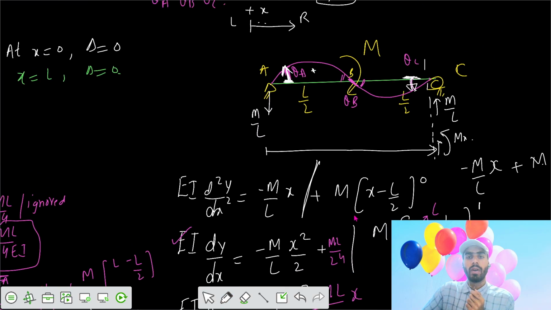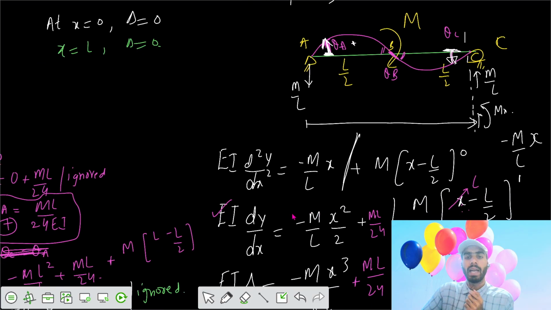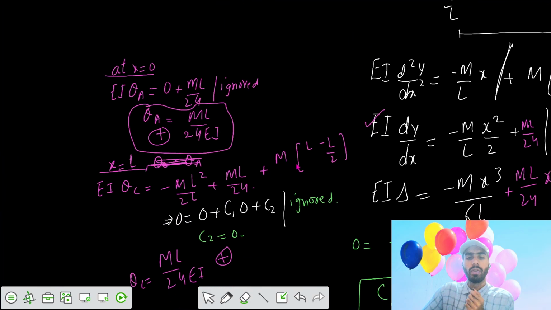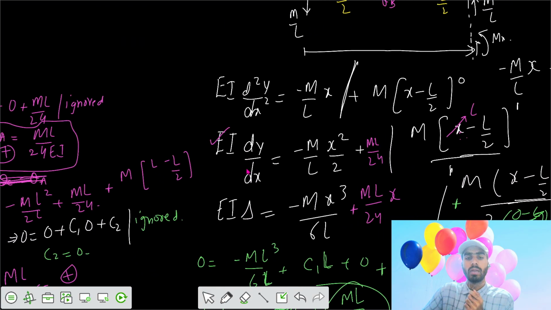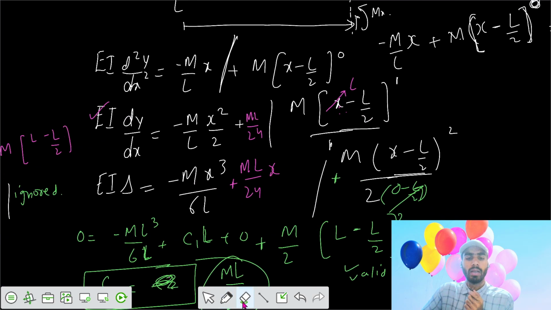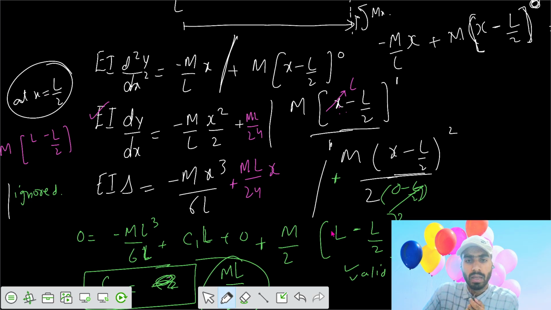So now we have to get the value of theta b, that means at x equals L by 2. Substituting the value, at x equals L by 2, let's say this is theta b.